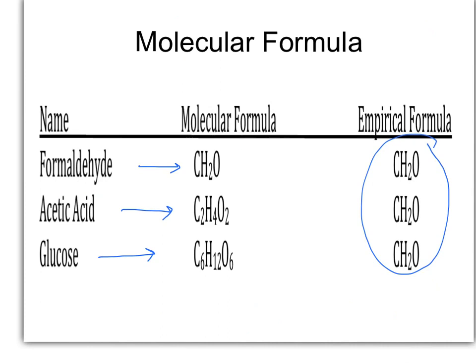Notice in this first example right here that the molecular formula is the same as the empirical formula. So the actual formula is already in its simplest form. If we take a look at acetic acid, we can actually factor out a 2. And when I do that, that leaves me with CH2O. So acetic acid is 2 times larger than that empirical formula of CH2O. For glucose, I can factor out a 6, and that will give me that same ratio.